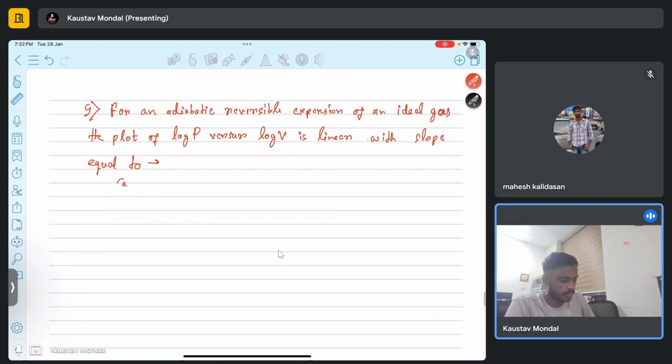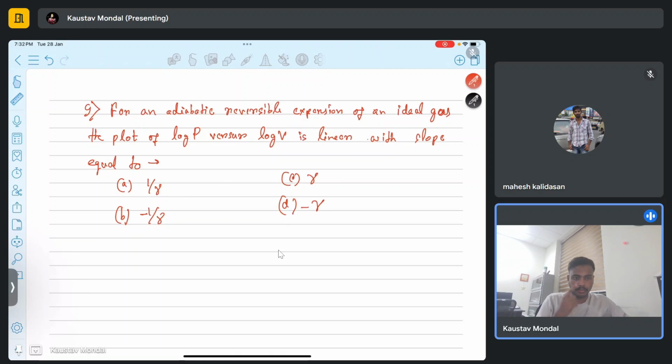In option A it's 1 by gamma, option B is minus 1 by gamma, option C is gamma, D is minus gamma. So these are the options.